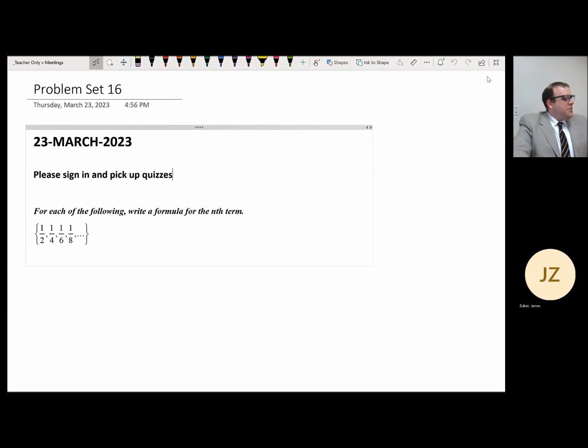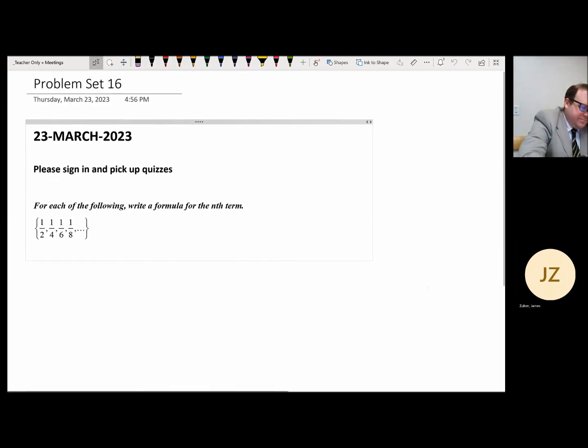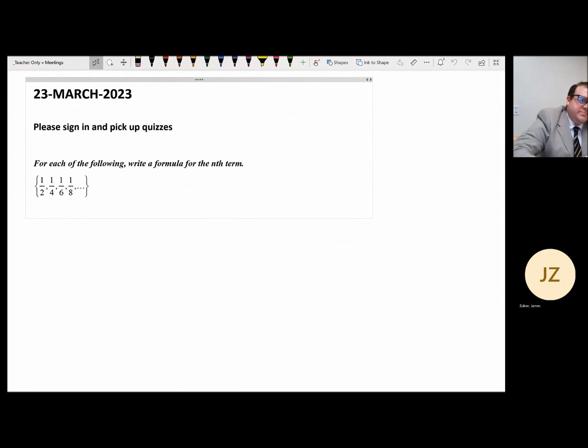Let's start by finding an explicit formula. You first want to decide where we are going to start.